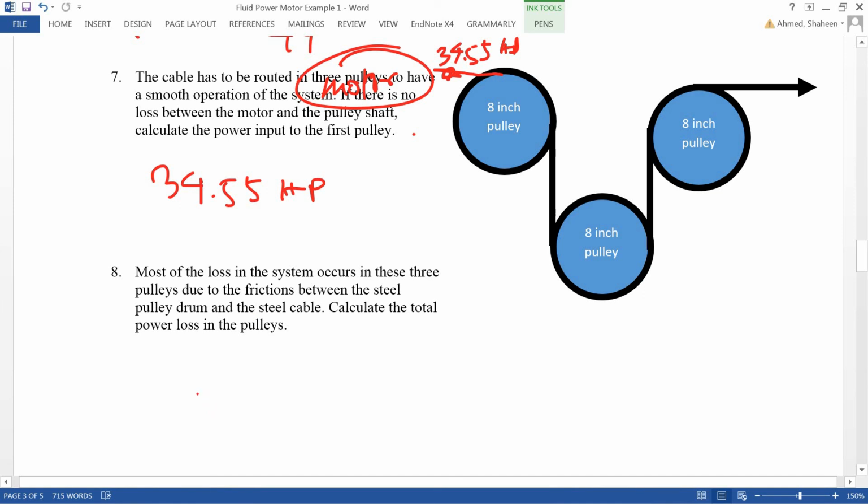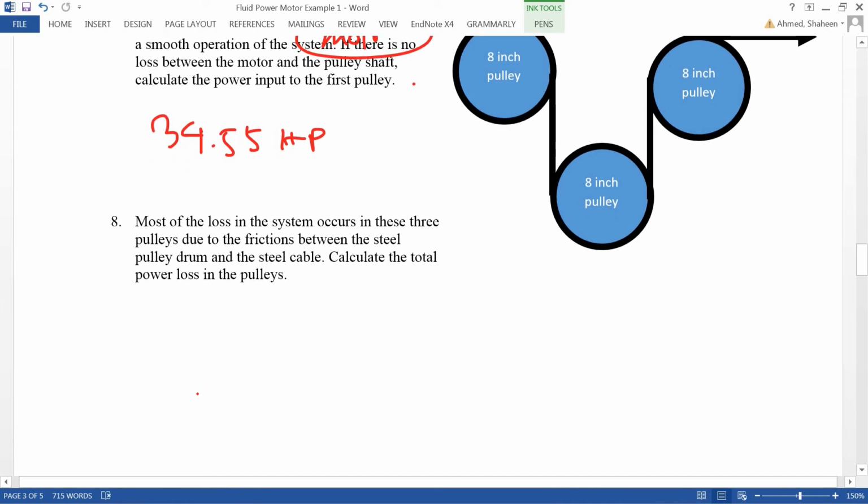Most of the loss occurs in this pulley. Calculate the total power loss in the pulley. We know the motor gets about 47.28, and then the final output power is this.